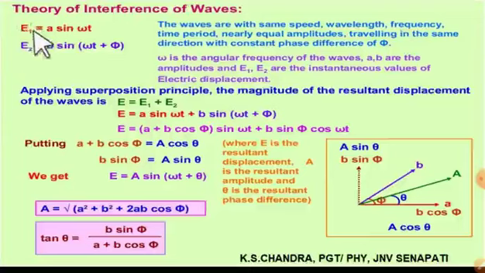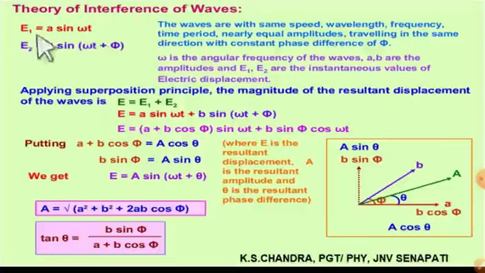So your instantaneous value of the electric displacement of light from the first source, let it be denoted by E1, and it is equal to A sine omega t, where A is the amplitude of the first wave, omega is the angular frequency, and t is any instant of time. Got it?